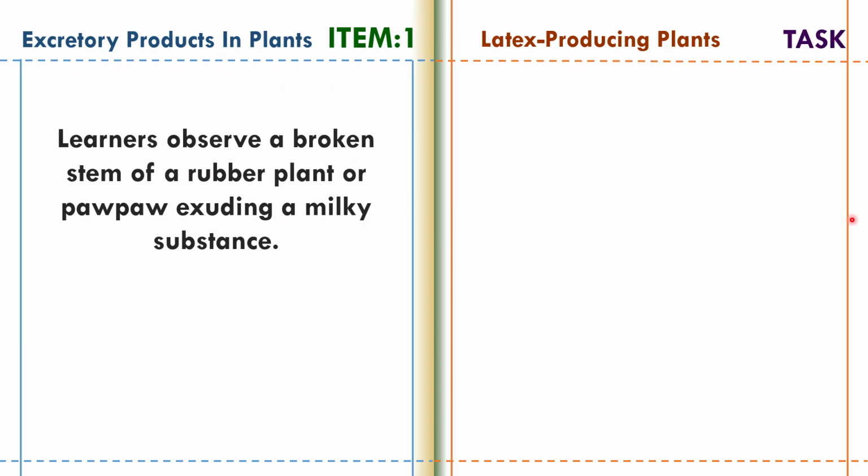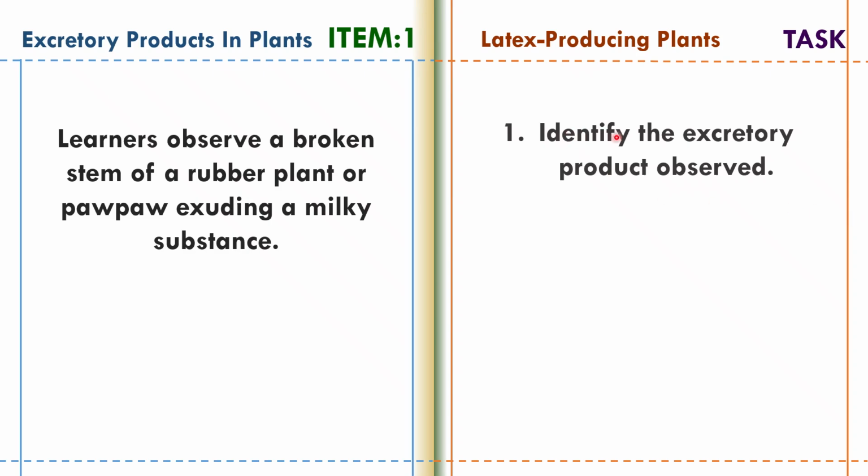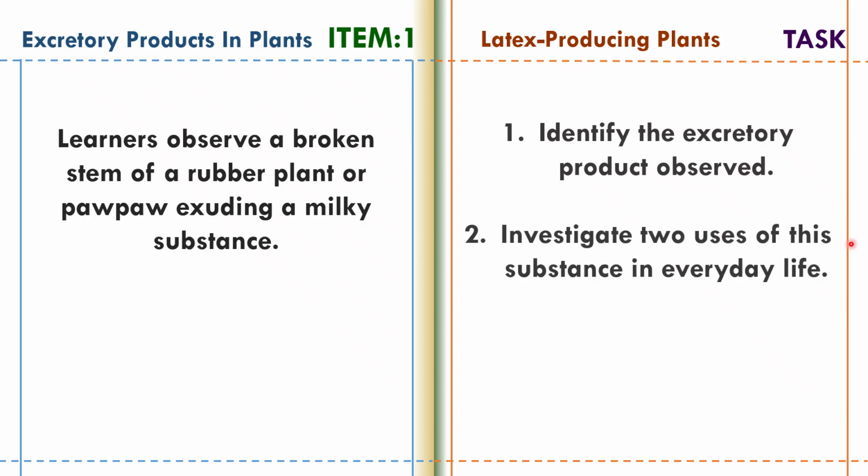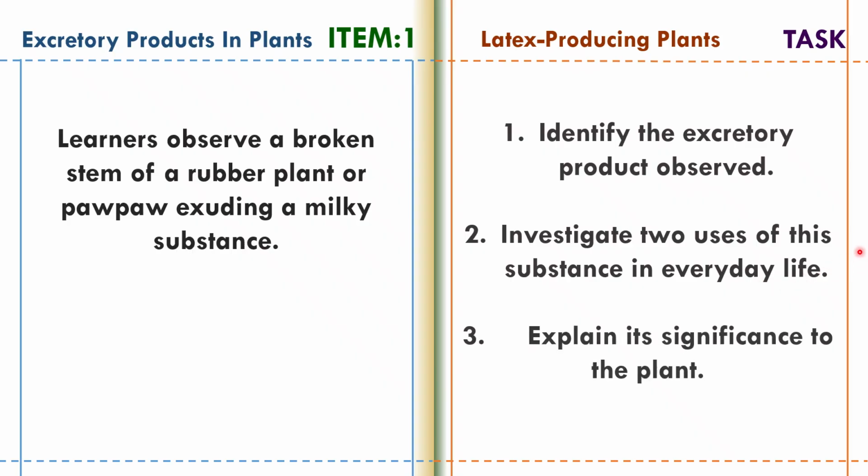Task. Identify the excretory product observed. Investigate 2 uses of this substance in everyday life. Explain its significance to the plant.